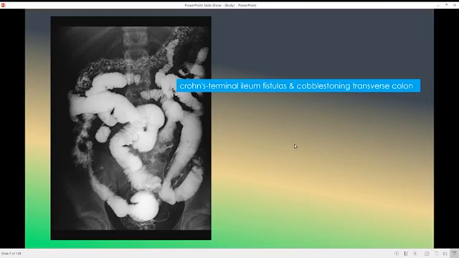So this is a case of Crohn's disease. We move to the next case.